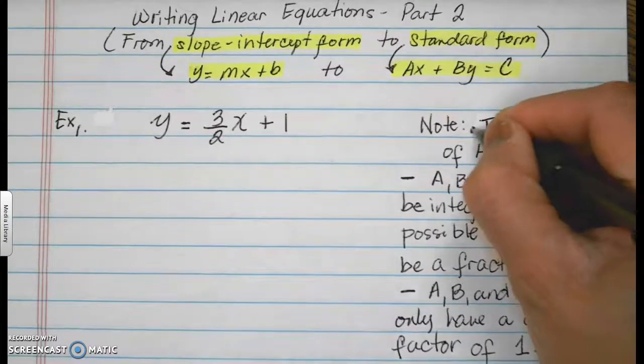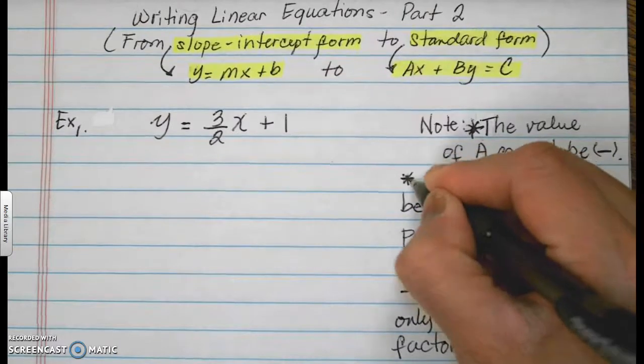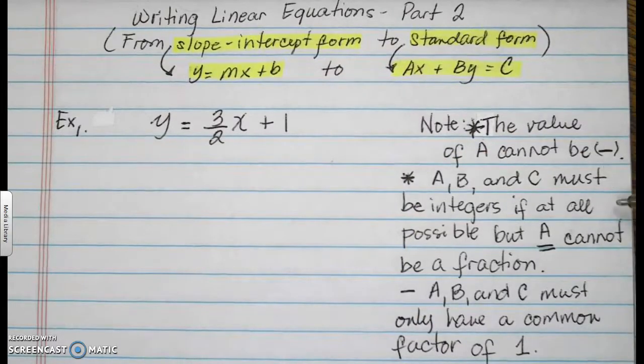The value of a cannot be negative. Second bullet, a, b, and c must be integers if at all possible, but definitely a cannot be a fraction. Third bullet, a, b, and c must have only a common factor of 1. So let's begin having all these in mind.